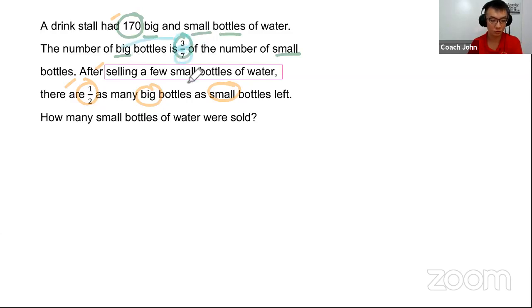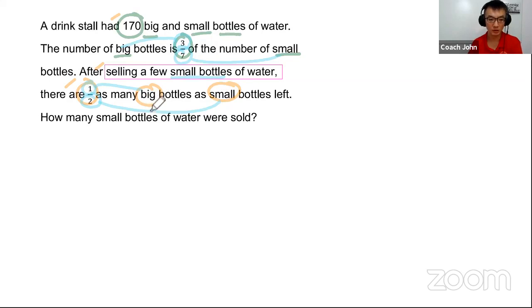So 3 linked to the object on the left side, and 7 linked to the object on the right side. And then 1/2, link 1 to the first object, link 2 to the second object. And in fact, there's only change for small bottles.